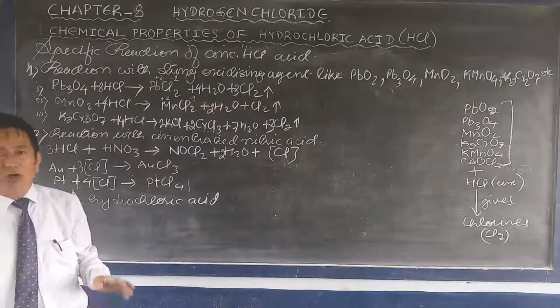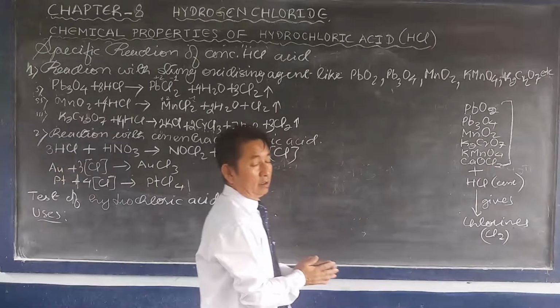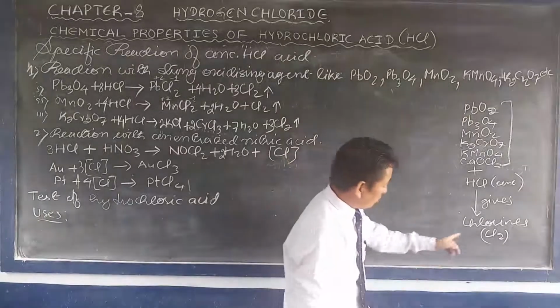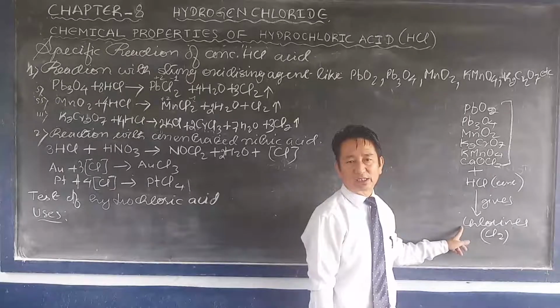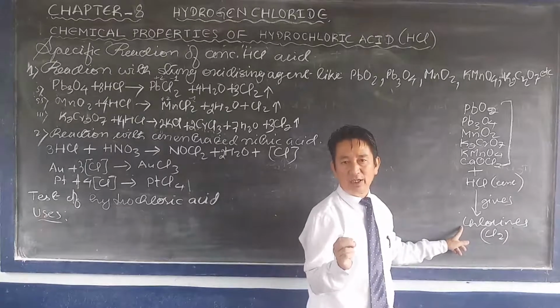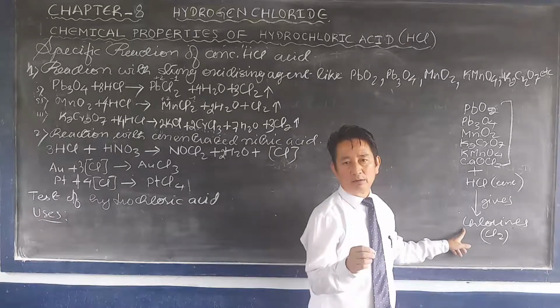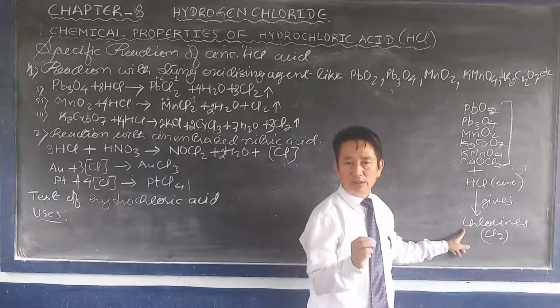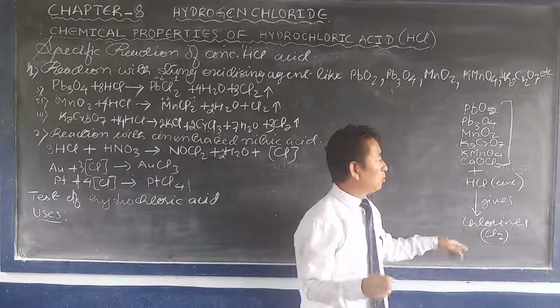Whenever these strong oxidizing agents are treated with concentrated hydrochloric acid, they give greenish yellow chlorine gas. Chlorine is a greenish yellow gas. It is an acidic gas because it turns blue litmus paper red. It turns starch iodide paper blue-black.